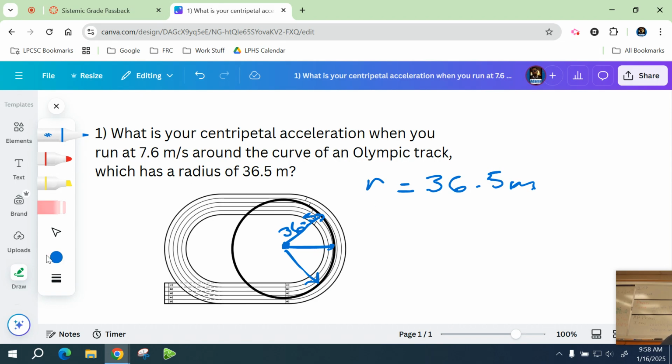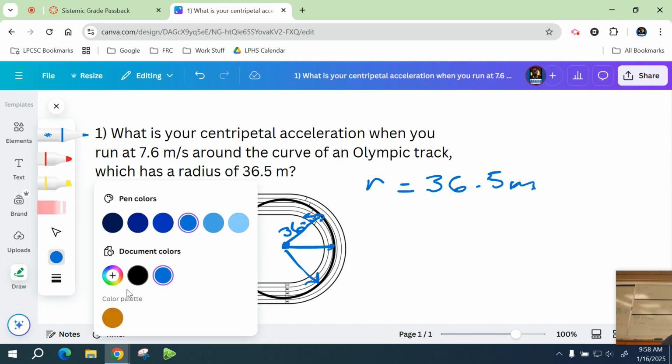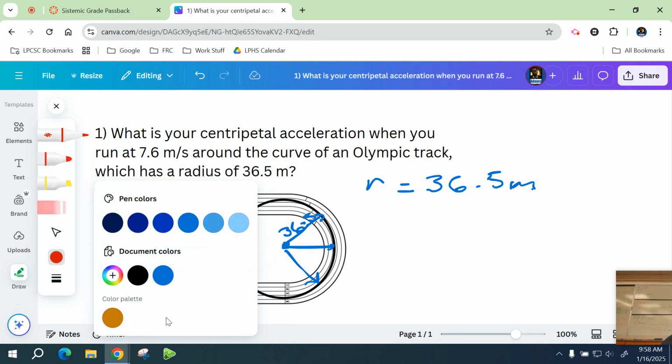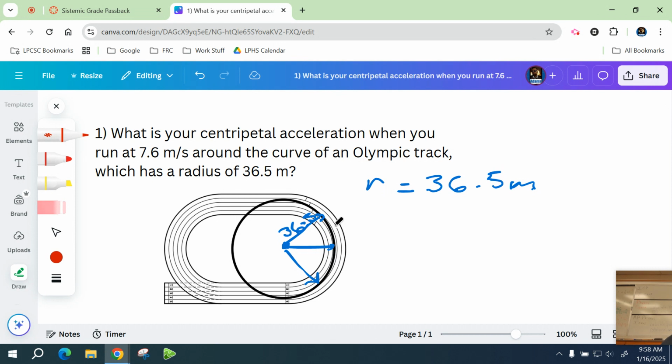And then they say that the velocity is equal to 7.6 meters per second.